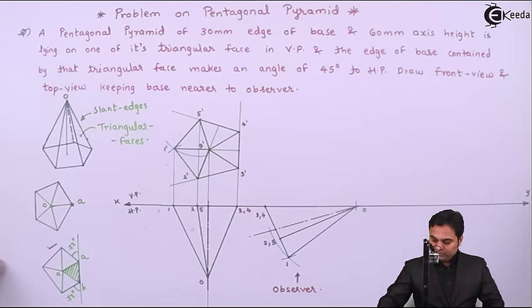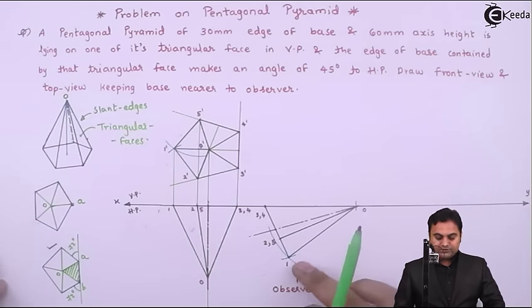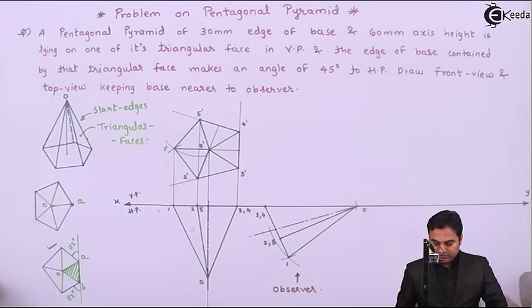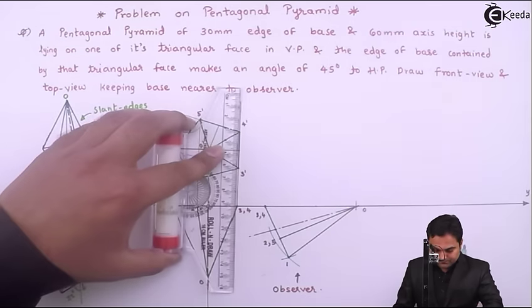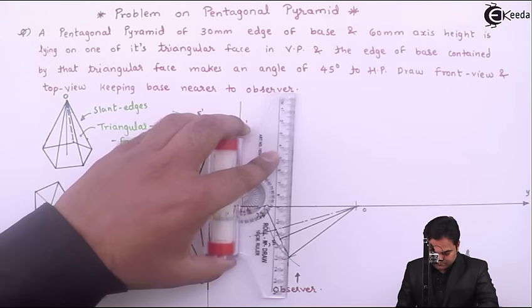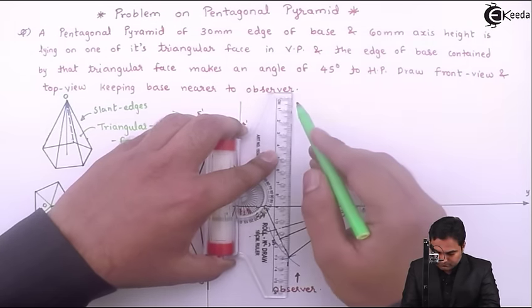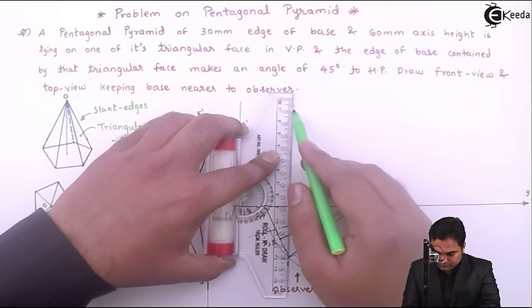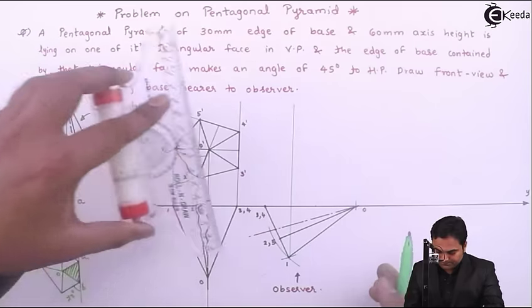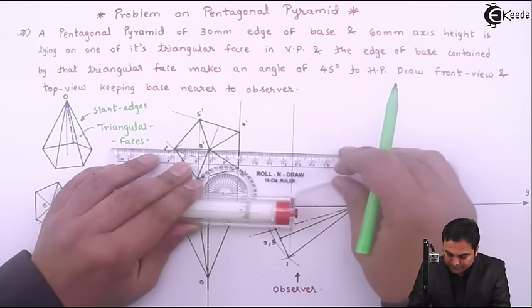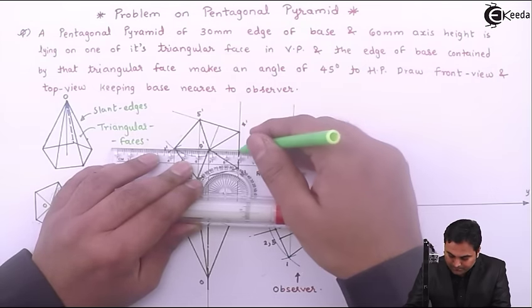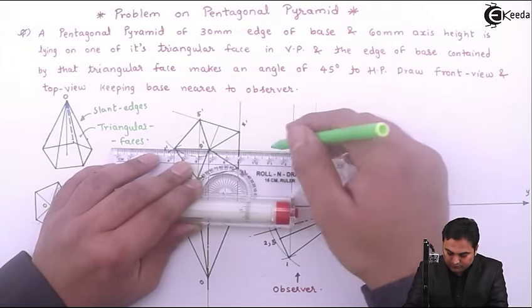So I need to project those points first which are closer to the observer. Point 1 is closest. I'll plot it first. With a light line, point 1 will be projected here from 1 dash.